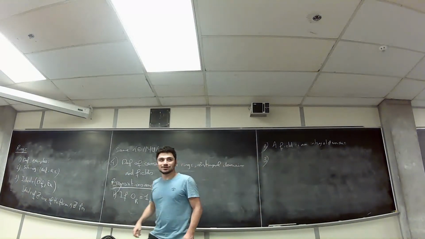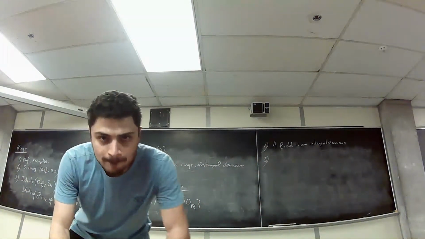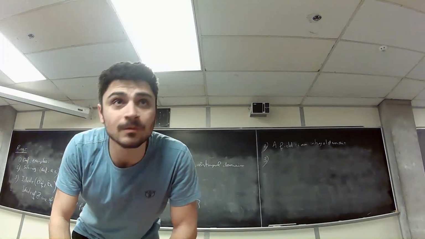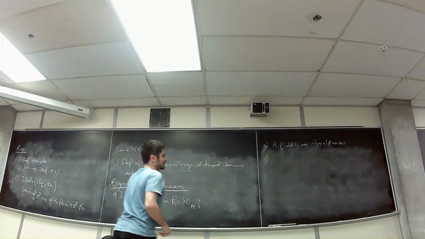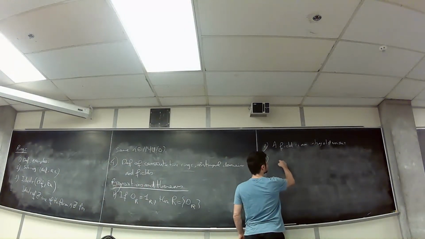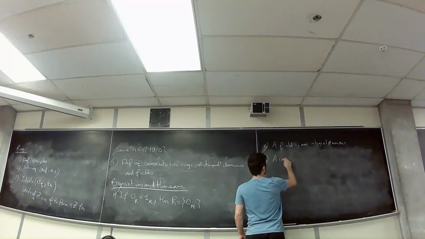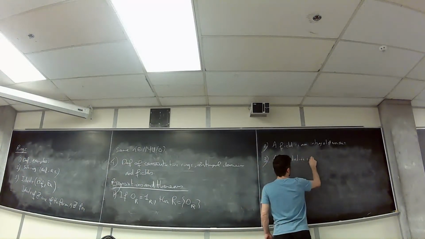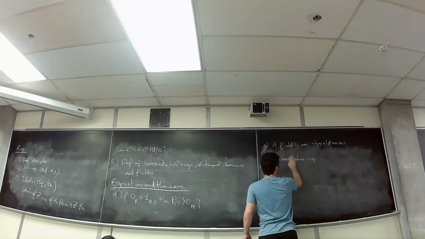Three. What's the next one, if you remember? Don't remember? Okay. A field is an integral domain. Let R be a commutative ring.